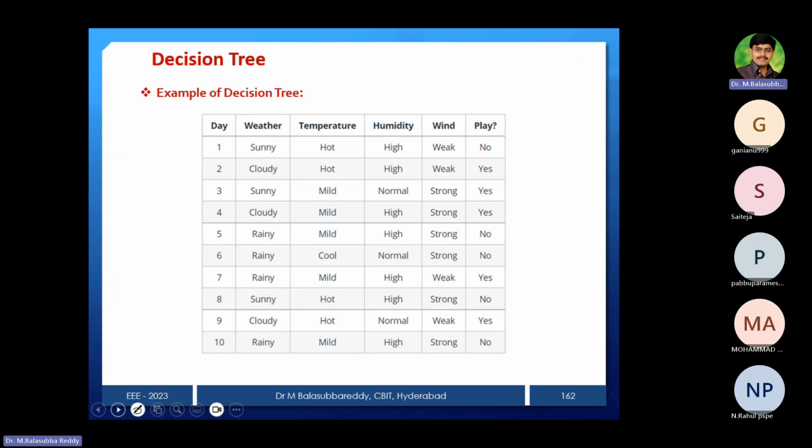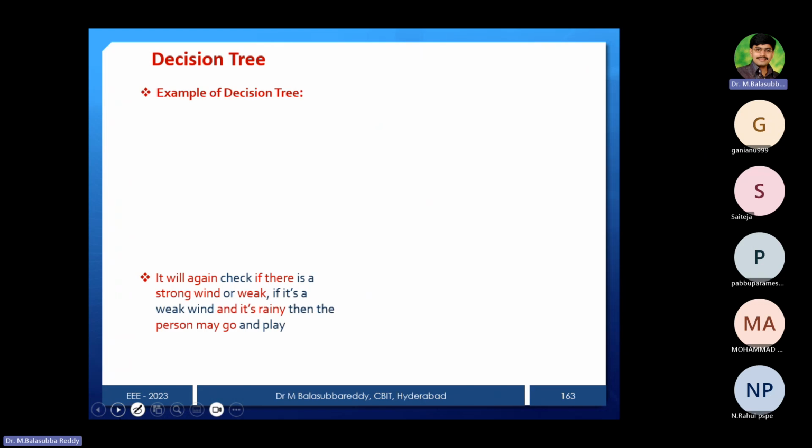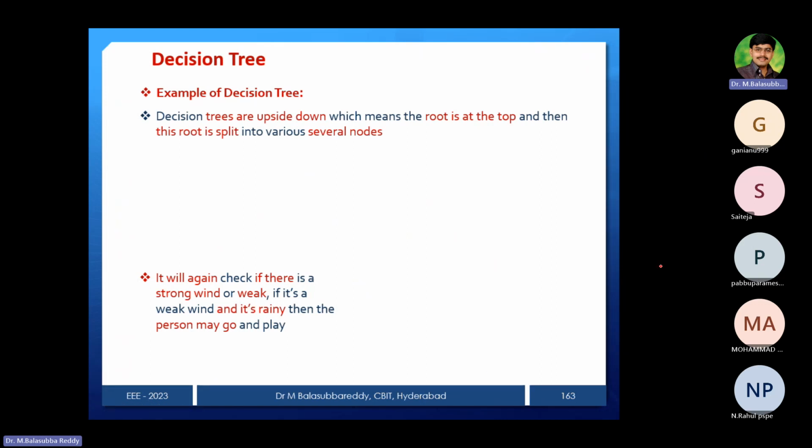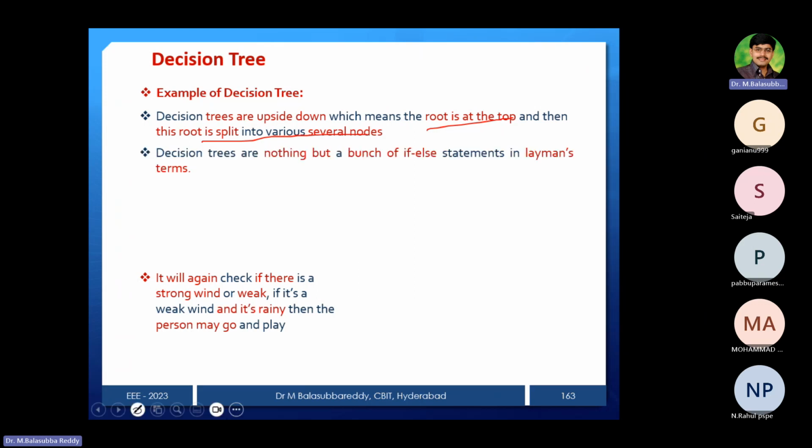This is an example of a decision tree. You can see that a decision tree is upside down because we start with a root node at the top and then it splits into several nodes. We reach the end side. So decision trees are nothing but a bunch of if-else.